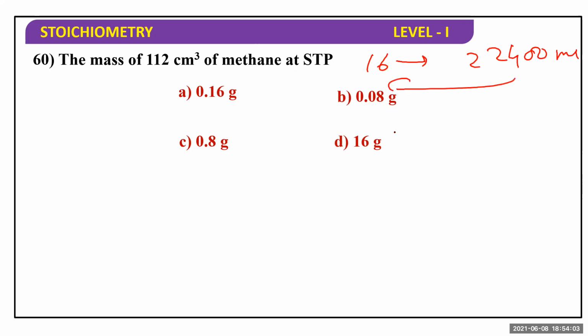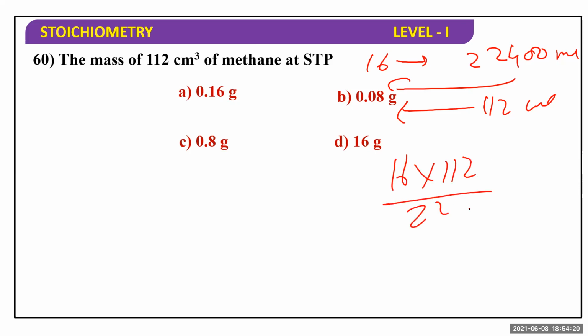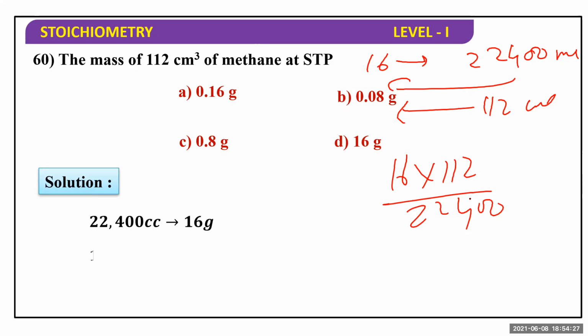Then 112 ml equals 16 into 112 divided by 22400. Which one is the correct? It is 0.08. This is the correct answer.